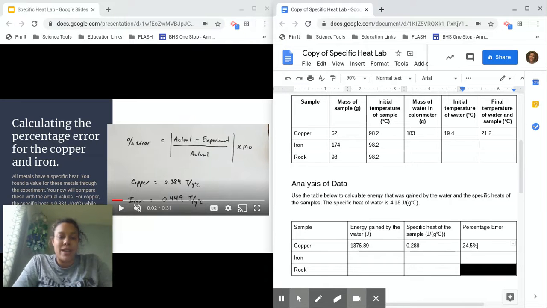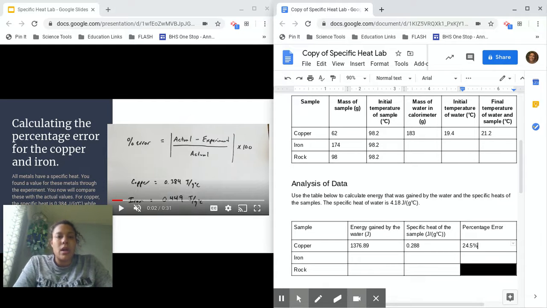I did the other samples, or the next one, iron, and had a very large percent error, and that's okay. No judgments on having some large percent errors. It just probably means you read the final temperature of your water and sample incorrectly or at the wrong time, and that's fine, but there is also lots of sources of error that can be found in this lab too.